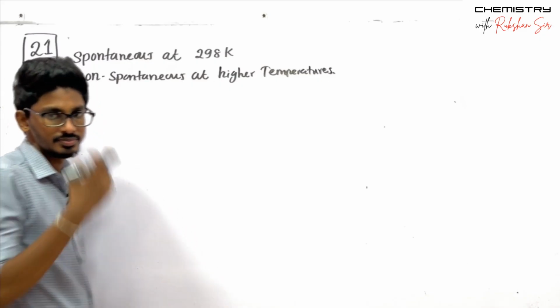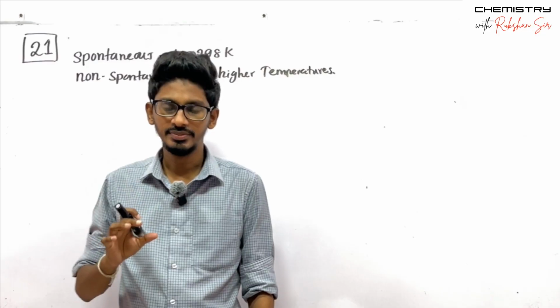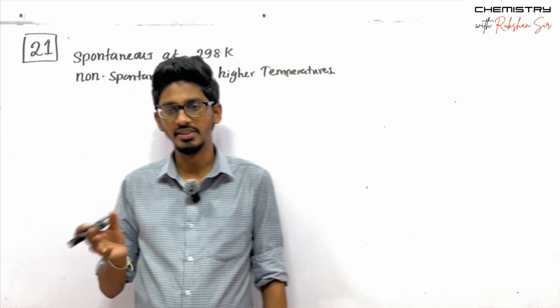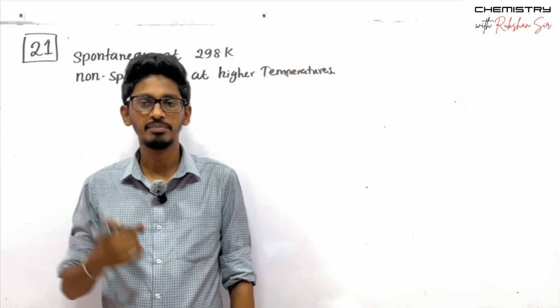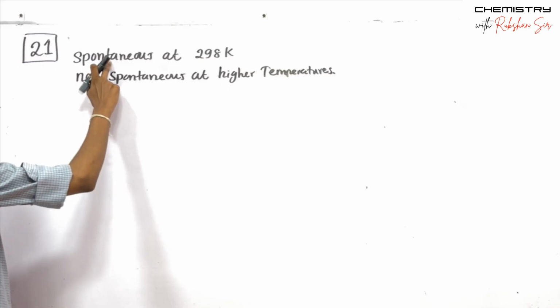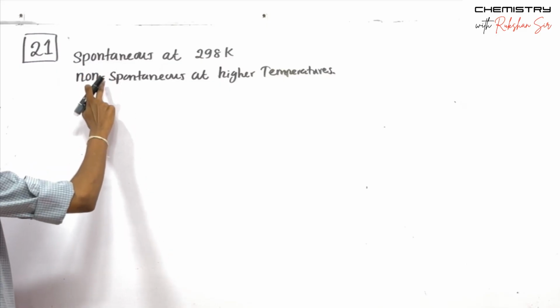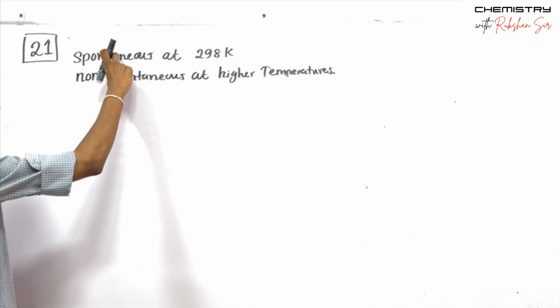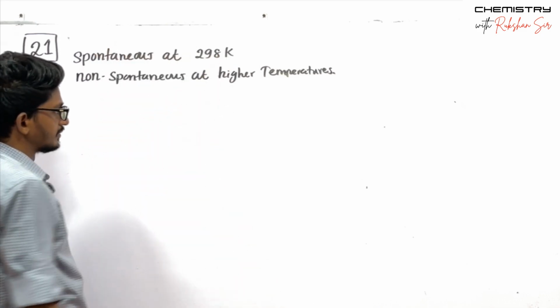That means the sign of delta G will depend on temperature. That is what it means, no? Spontaneous means delta G is negative. Non-spontaneous means delta G is positive. So the sign of delta G depends on the temperature.